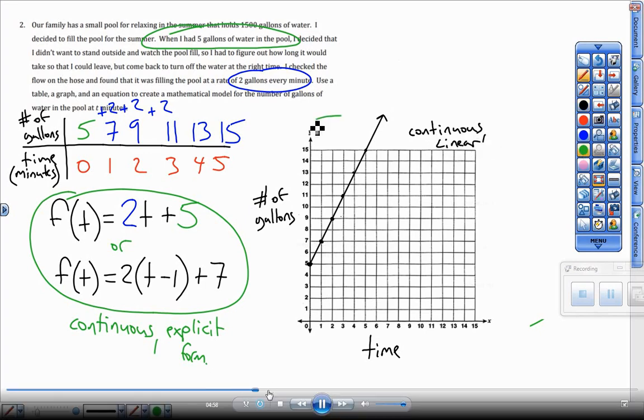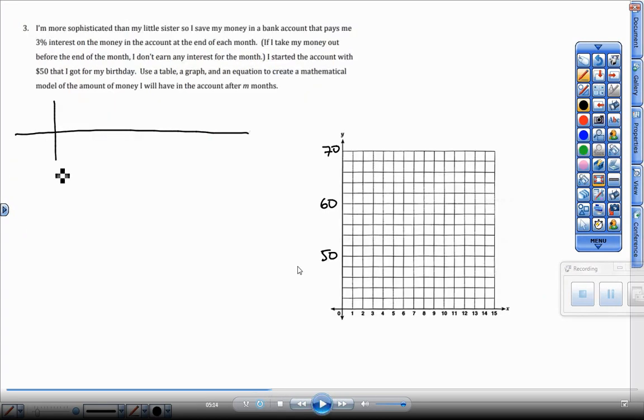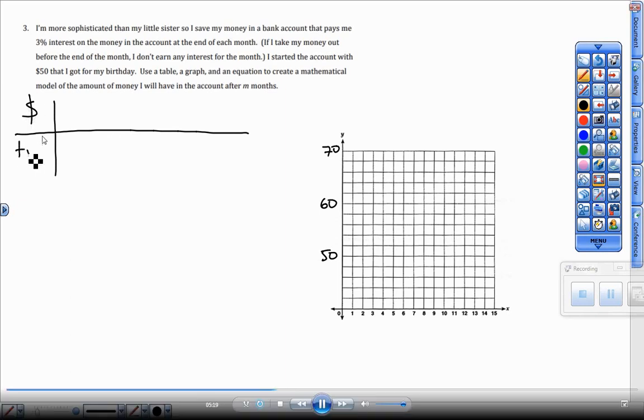All right, third problem is one that's geometric. And again, I could tell because any of these percent interest problems are timesing, geometric. So for this one, on the bottom for my time, it's going to be in months. Top is going to be dollars. We're going to start with 0, 1, 2, 3, 4, 5.